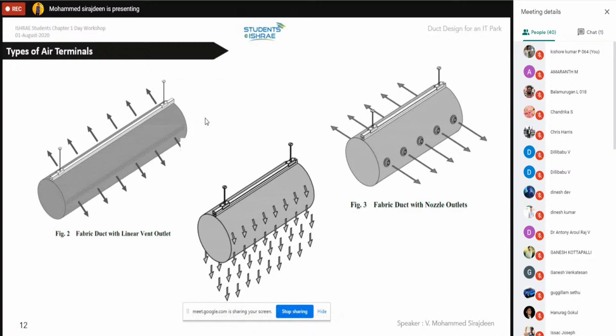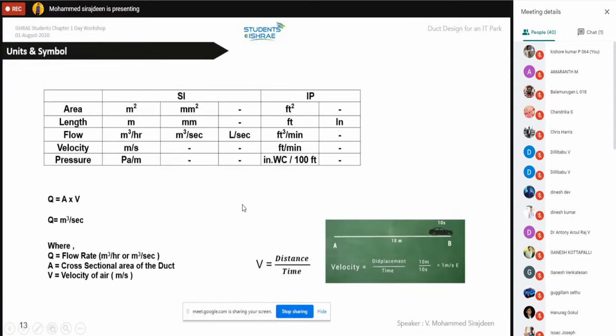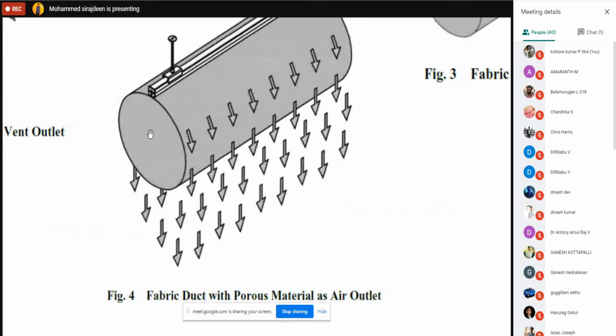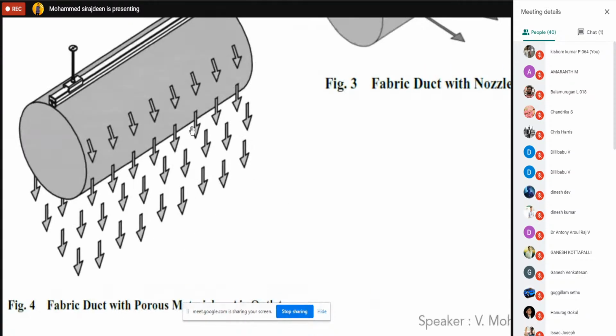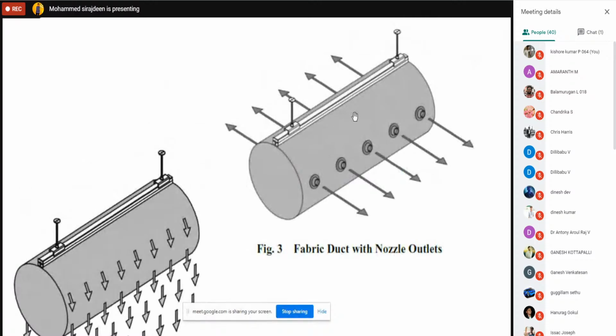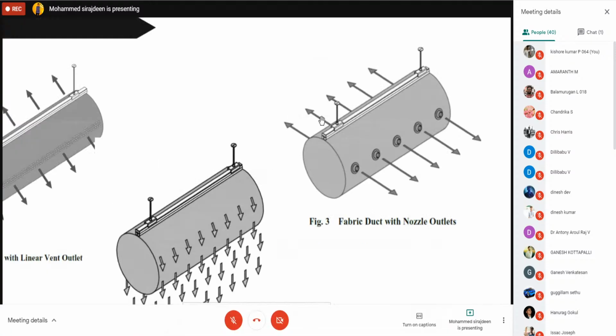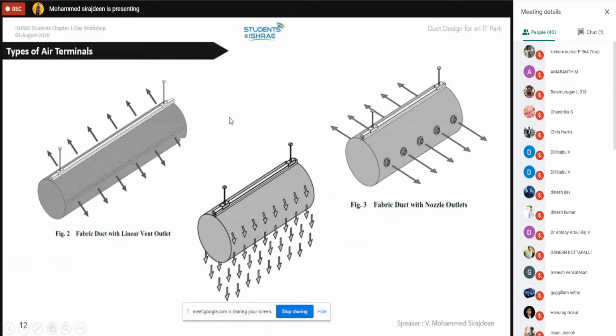Like in the first case, they will give a linear vent, a small vent on the fabric duct, or porous material, where the cloth itself has pores, so air is supplied to the room through the pores. Then the cloth itself can have a small arrangement with nozzles to supply air into the room. For a fabric duct, there are no dedicated air terminals like rigid ducts. It comes along with the fabric duct itself.